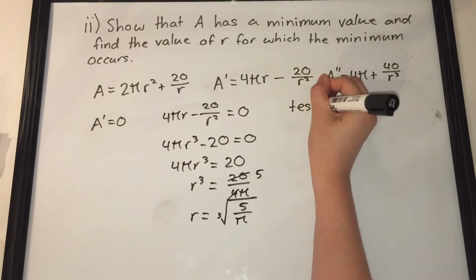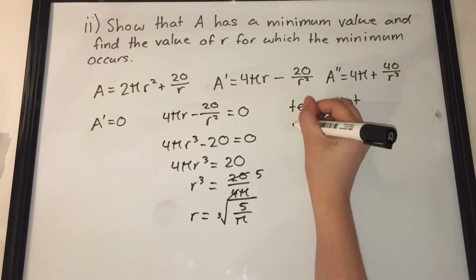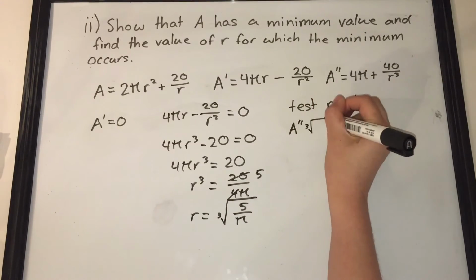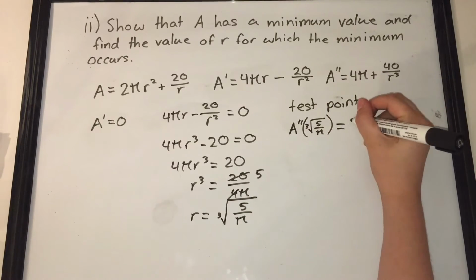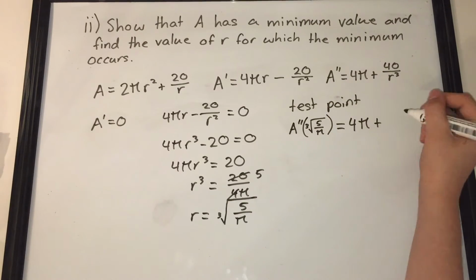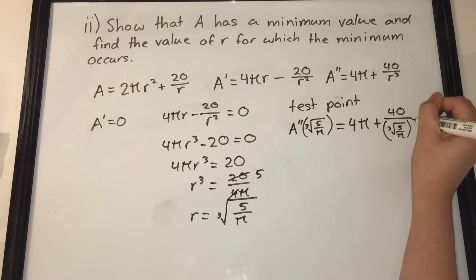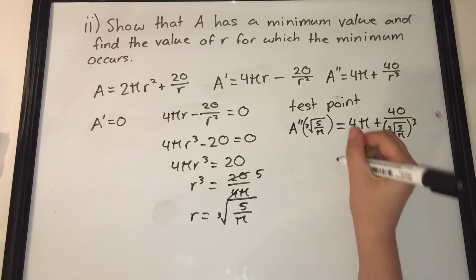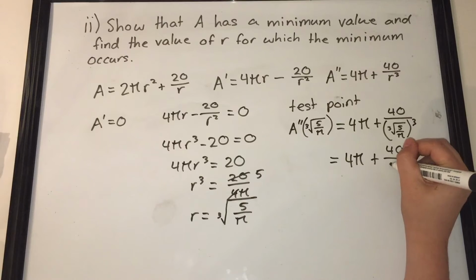Then we're going to sub that value into our double derivative to test if it's a minimum value. We actually get lucky in this one, as we already have a value for r cubed from our last equation. It gets rid of the cube root and we end up with only 5 over pi.